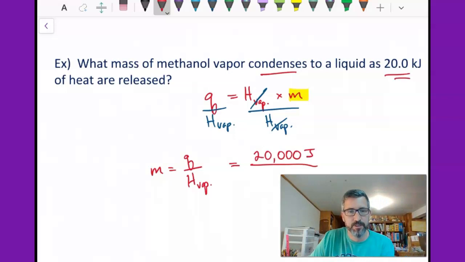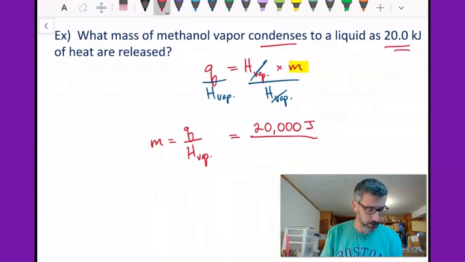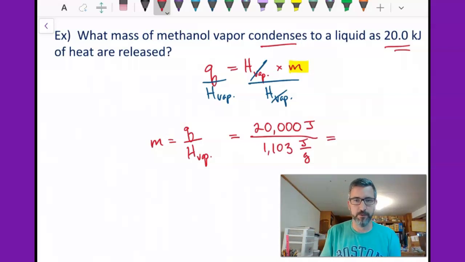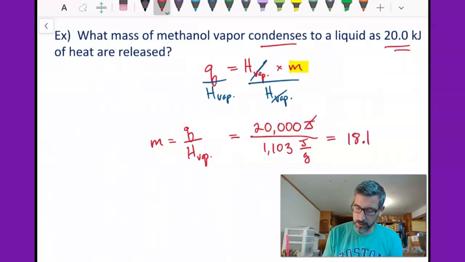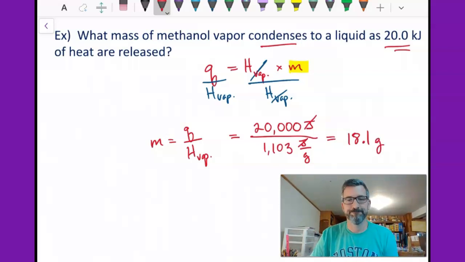And on the bottom, we just need the heat of vaporization for methanol, which is going to be provided. And that value is 1,103 joules per gram. So go ahead and punch that into your calculator, phone, whatever, and see what you get. Okay, and that gives me 18.1, and of course our joules cancel, and that leaves us with grams.